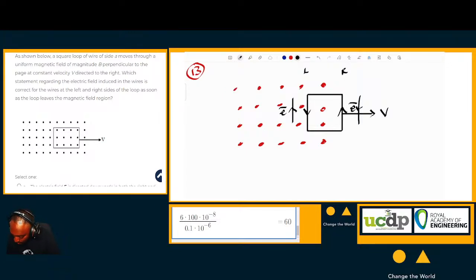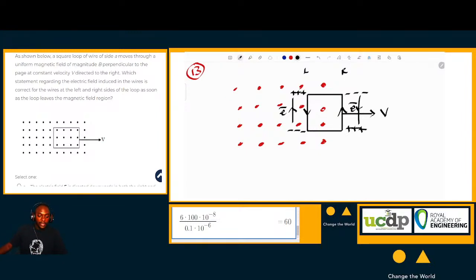If electrons are moving upwards, this top side becomes positive, and this becomes negative. For the side on the right, it is the opposite: negative, negative, negative, and positive, positive, positive, like that.